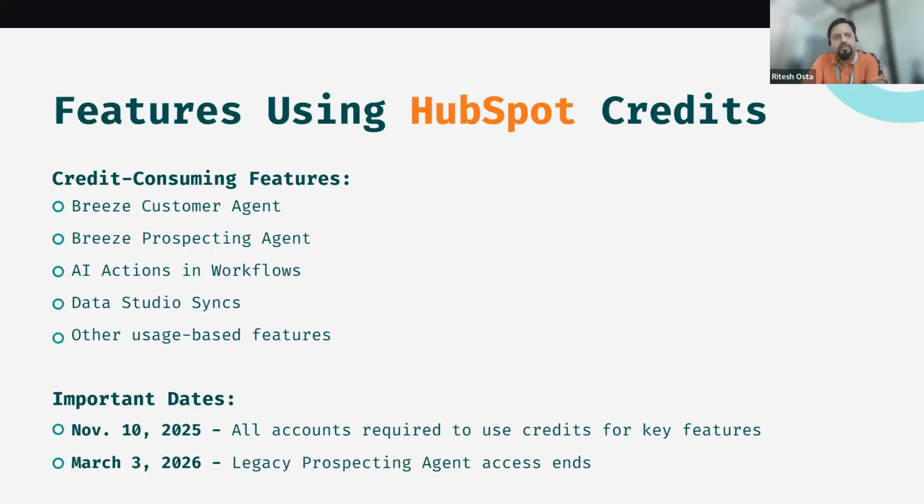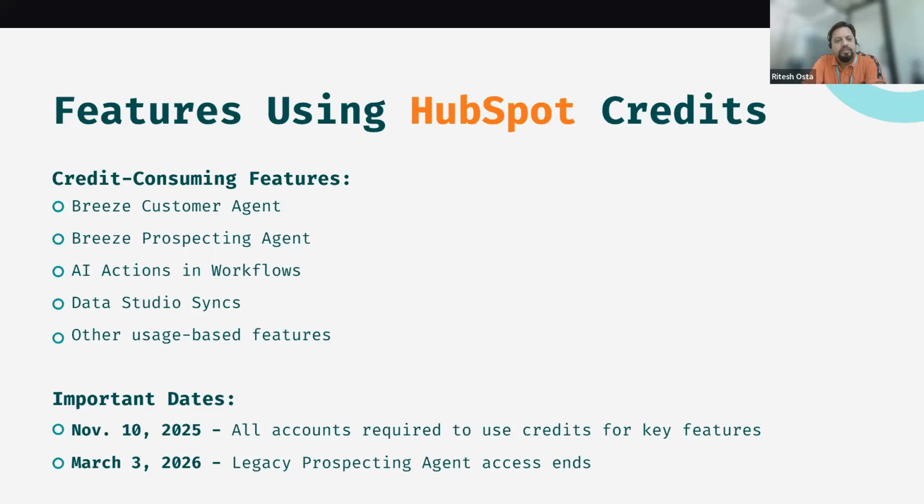Each type of action may take anywhere between 1 credit to 10 credits, depending on the usage. For example, last time I checked, if I want to add one company who has visited my website into the account hub, it generally takes around 10 credits for every account. That's how it works.